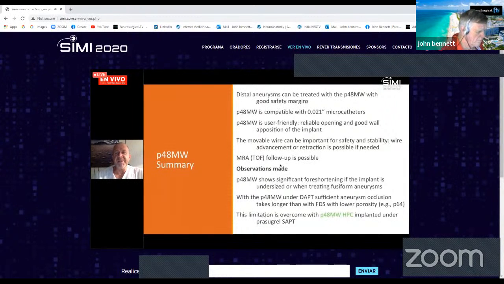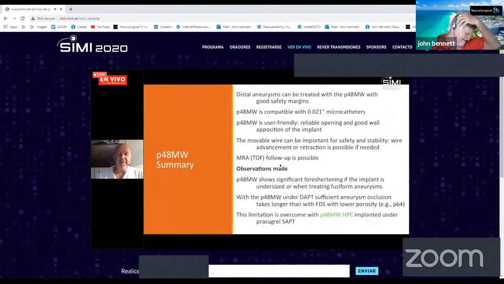The movable wire is an important feature for both safety and efficacy, so you can use it for stabilizing, or you can pull back the wire. And MR follow-up is possible, as the MR artifact is very limited. So in case you want to see the patient during follow-up, it's very well doable to do just time-of-flight MR instead of catheter angiography.